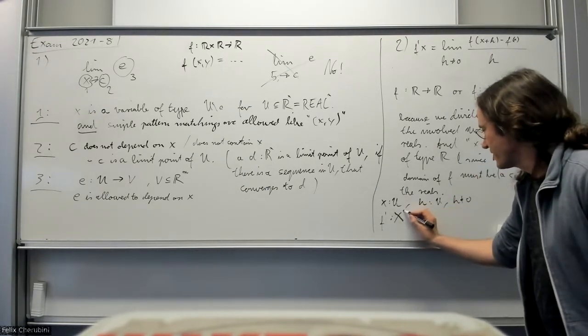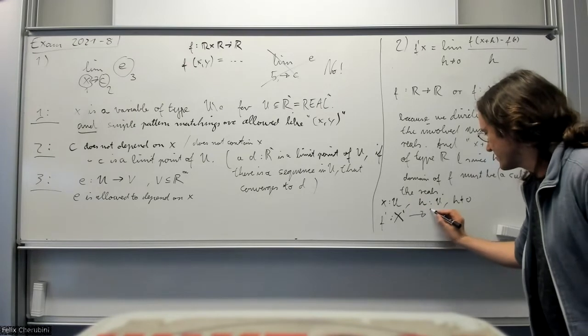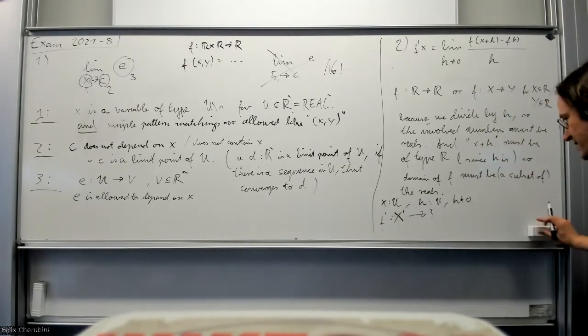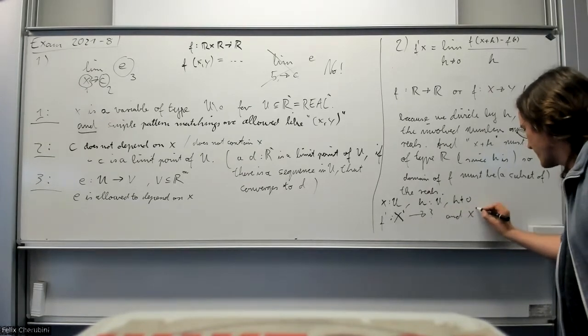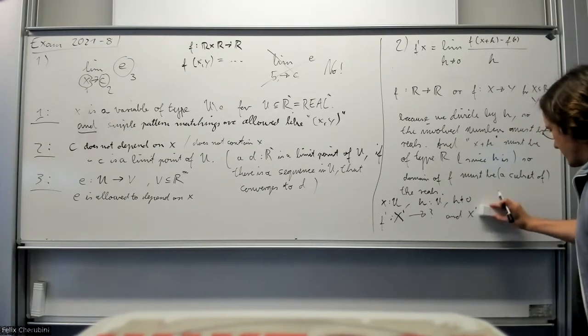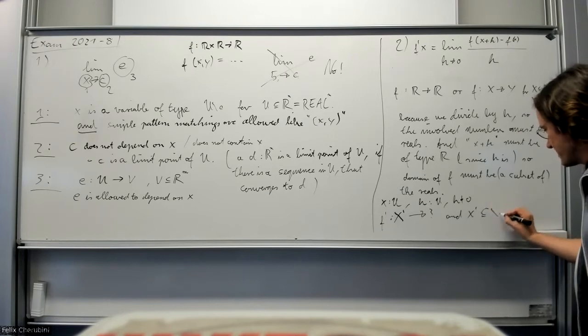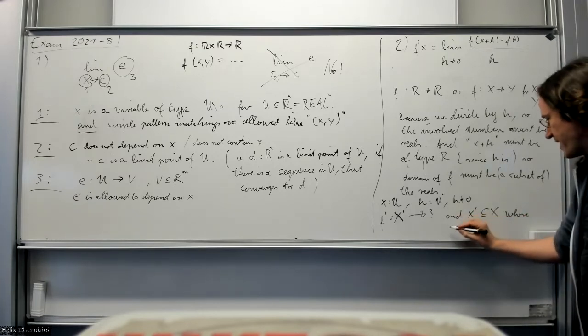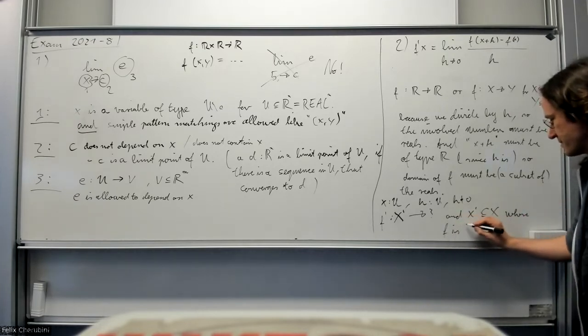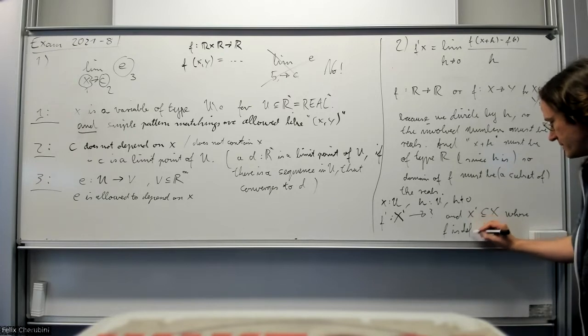So we have some x prime, and let's say for now 2 question mark, and x prime, I can just use subset notation, is all the x where f is differentiable.